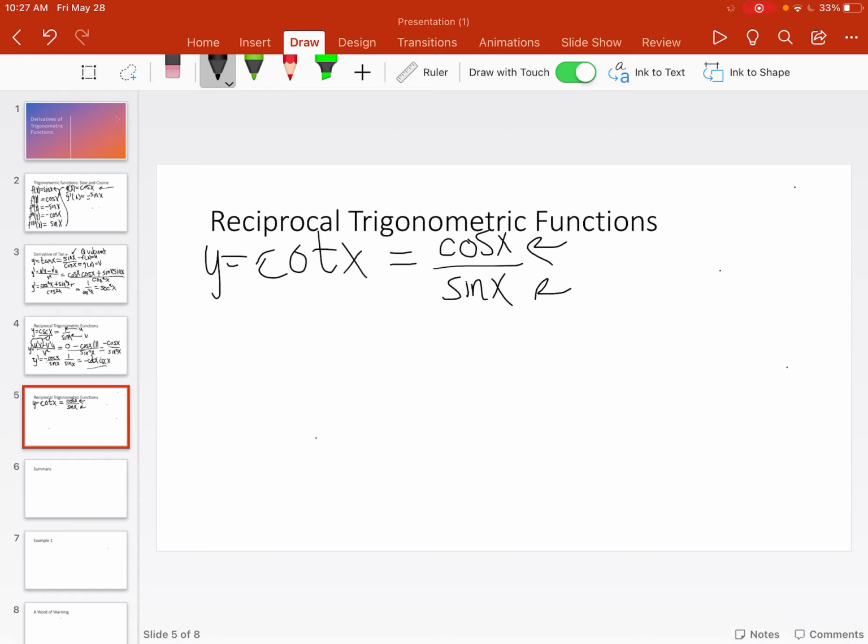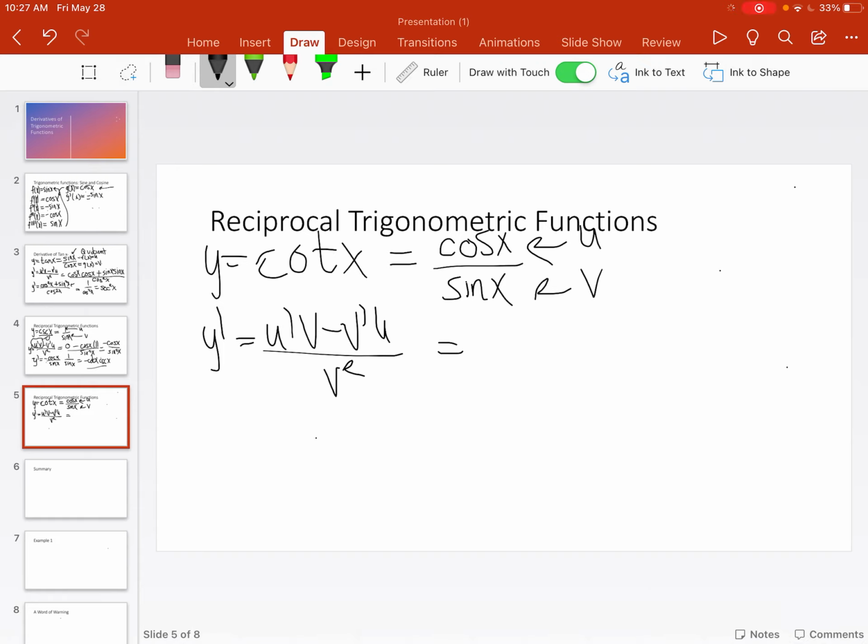Well, we take the derivative. We got a function divided by a function. Again, we use the quotient rule. And every time you're deriving these, you're going to be using the quotient rule. So let's do that. y prime is equal to u prime v minus v prime u all over v squared. And we're going to say this is u, and this is v.